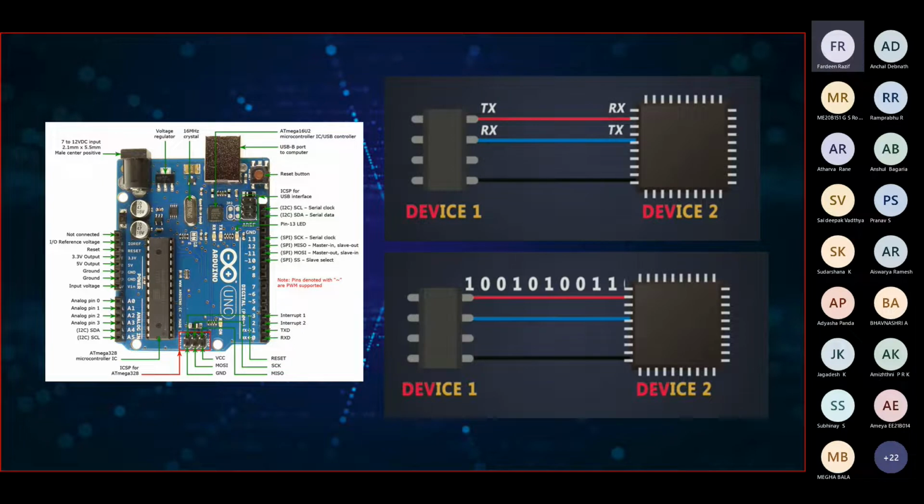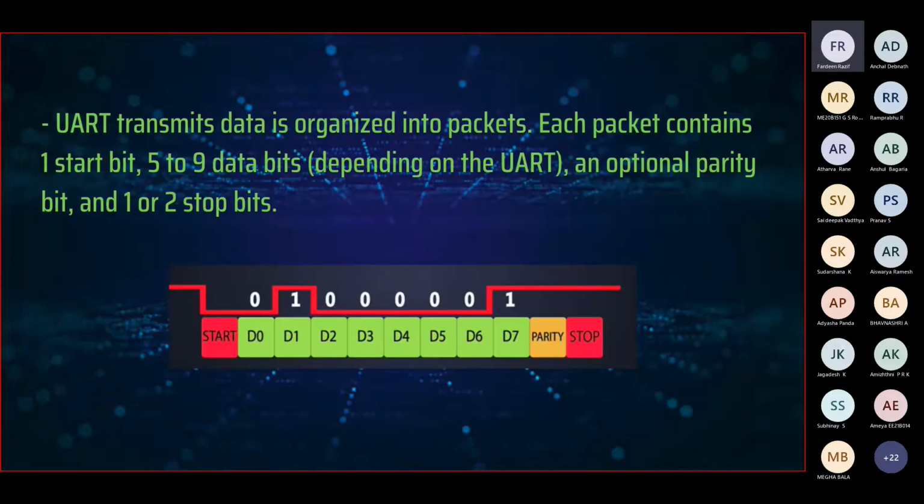So moving on, the communication in UART. This is a general block diagram of how UART works. When UART starts, the data line first goes from a high to low state, and it stays there for a specific period of time.